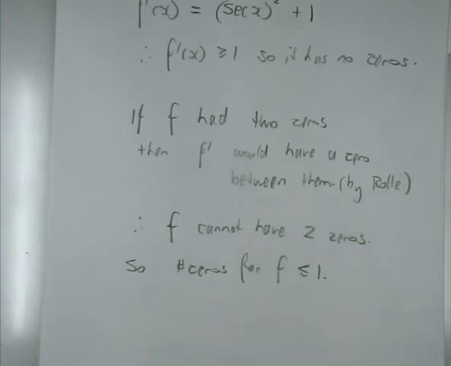So either f has no zeros at all, or it has exactly 1 zero. I've got two options. I can go, well, if I put x equals 0 in, ta-da, there's a zero. I found 1, so that's all it has.